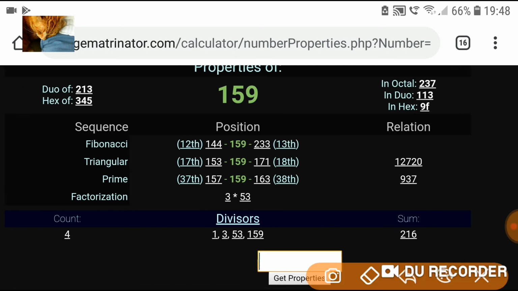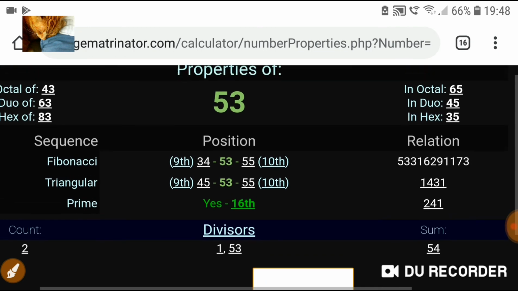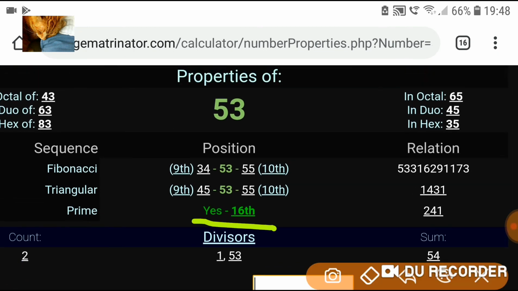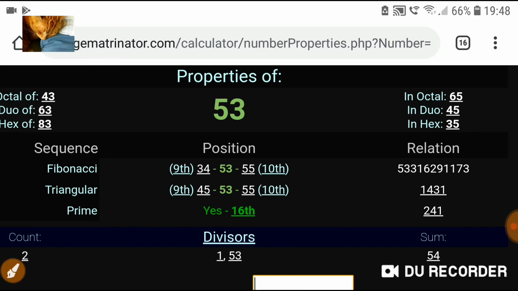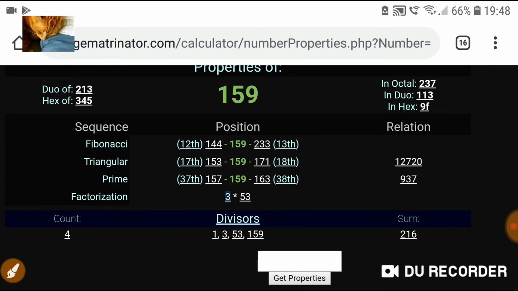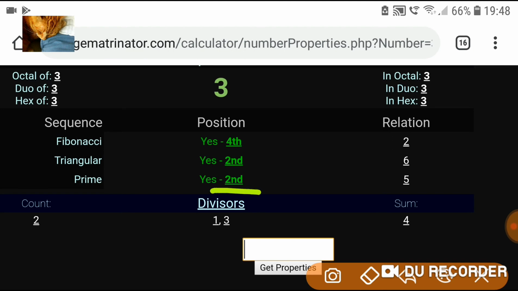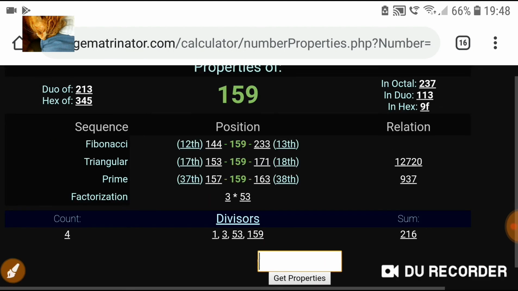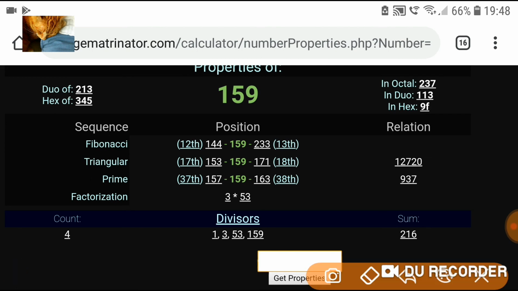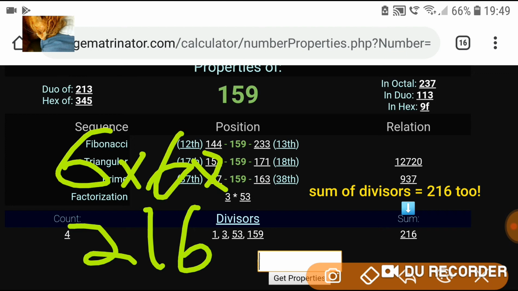Because it's got prime factors 3 and 53. 53 is the 16th, so you've got your double 8 for 16. 3 is the second prime. So you've got 2, 16 there. 2 and 16. A lot of people know already that's 6 times 6 times 6, for your 216.